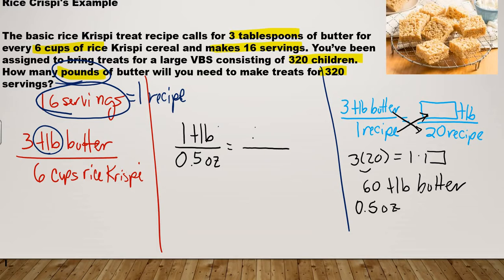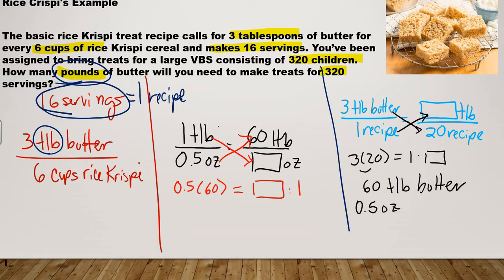And I'm asking myself, if I'm using 60 tablespoons, how many ounces am I working with here? Cross multiply. And of course, that's 0.5 times 60 equals our ounces that we're going to get times 1, but we're just going to ignore the 1. So 0.5 of 60 is, so we need 30 ounces.